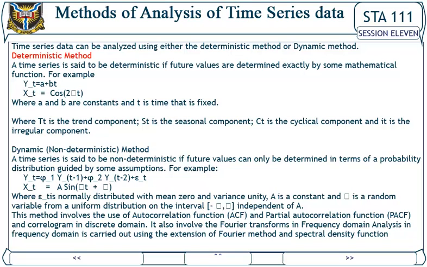For example, 1. Yt = φ1 Yt-1 + φ2 Yt-2 + εt. 2.